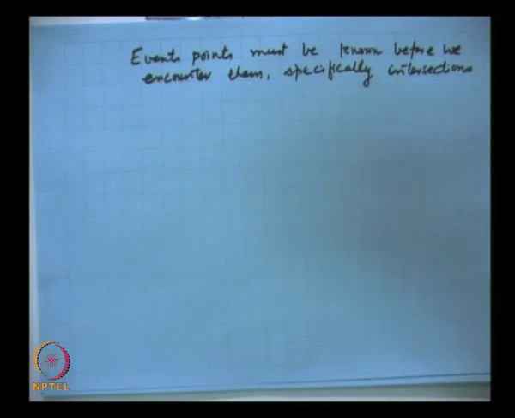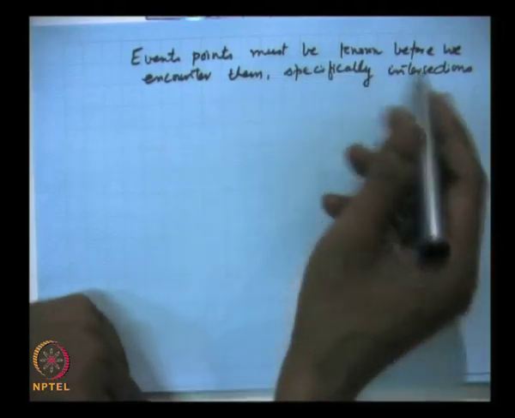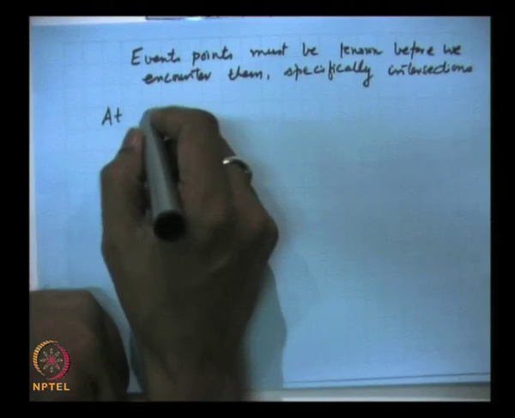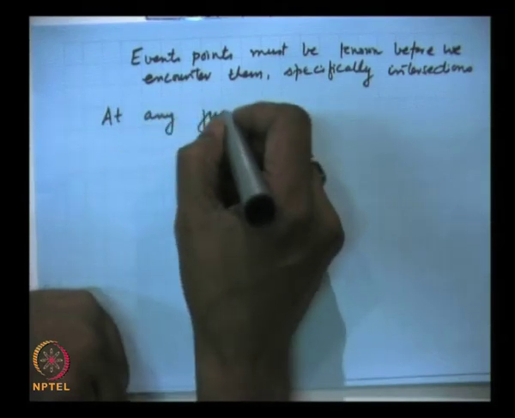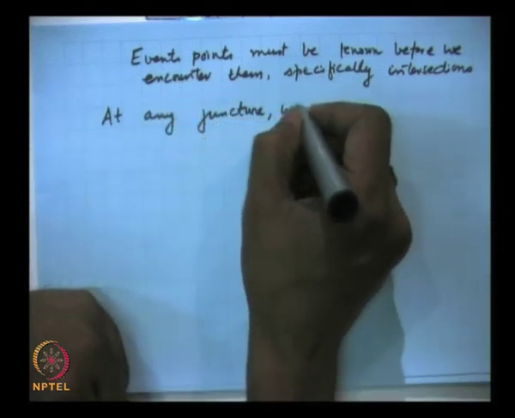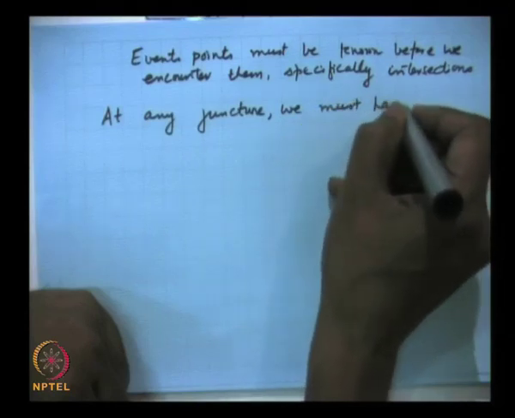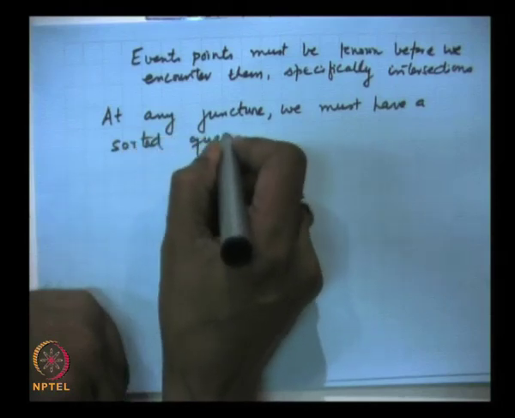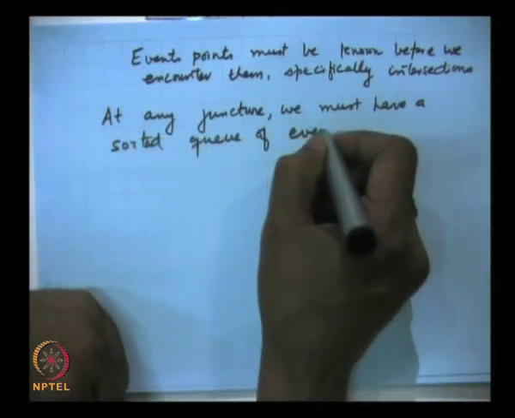And we want to sweep them in order of the x coordinates of these event points, because we are sweeping from left to right. We want to discover them before they are needed. So, at any juncture, we must have a sorted queue of event points.